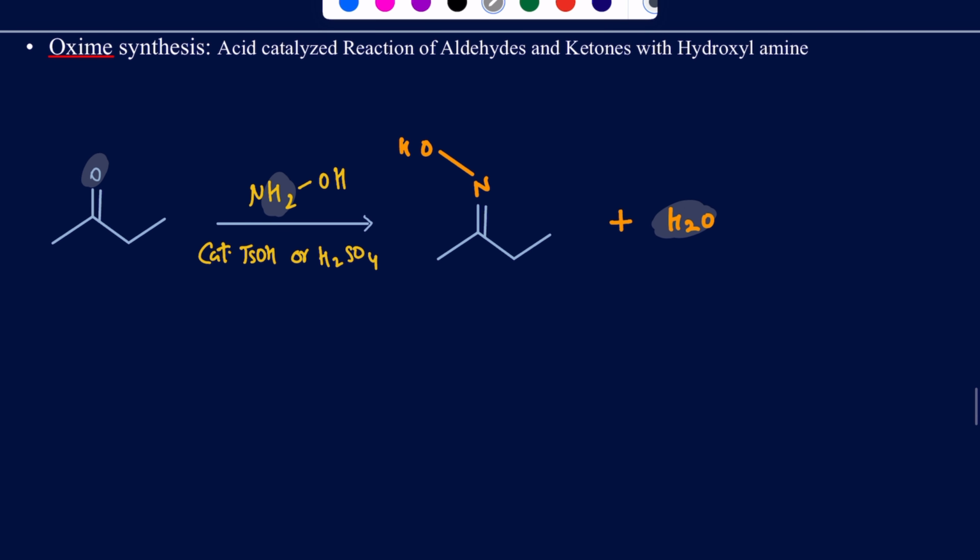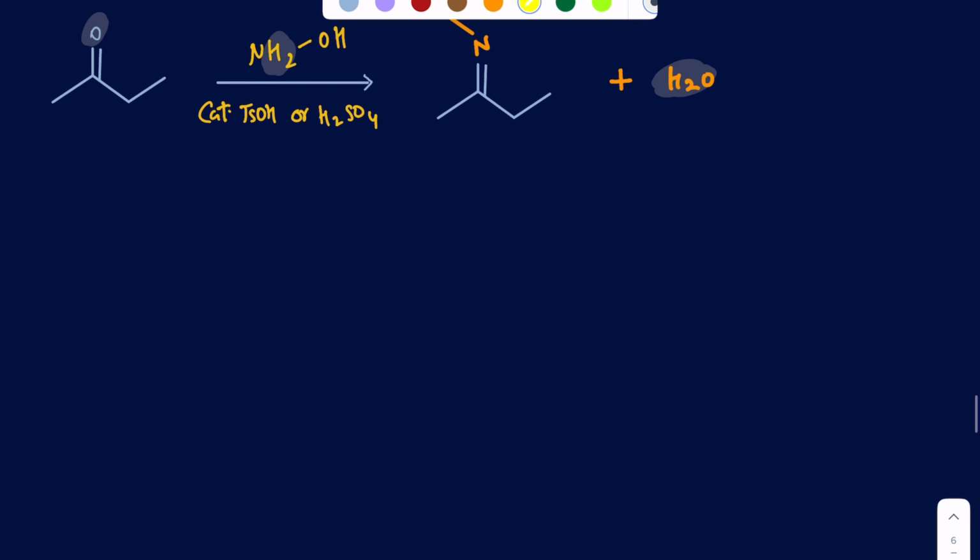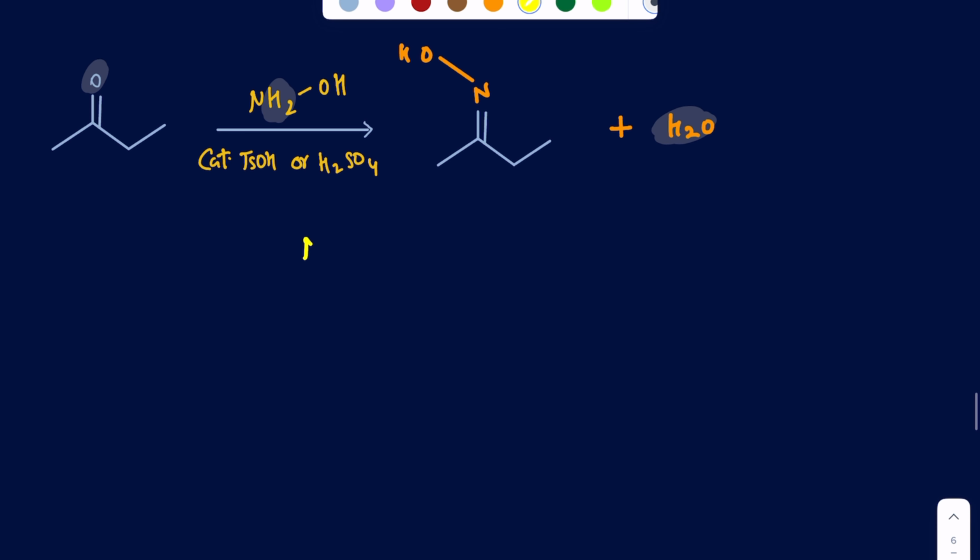The mechanism is actually going to be very similar, so you may want to try it and see if it matches with what I got here. The first thing I want to do is protonate this NH2OH with, let's say, H2SO4. This is what the structure of H2SO4 looks like, if you ever wonder.